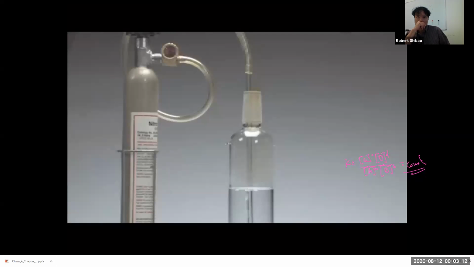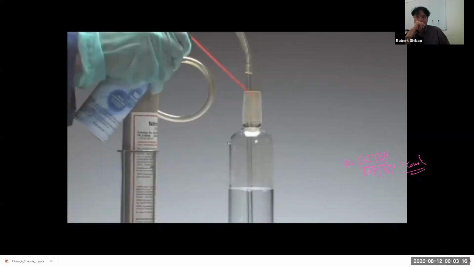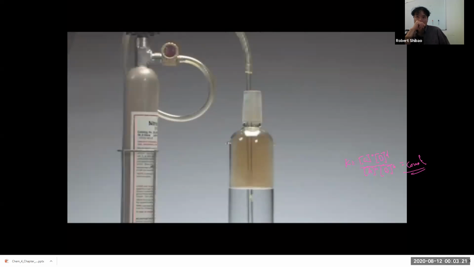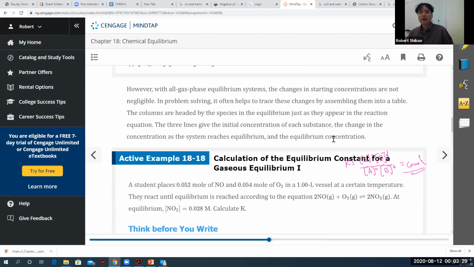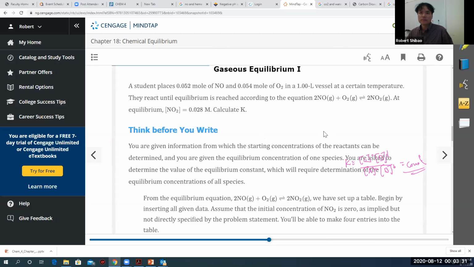After a while, the NO gas forces the brown gas out of the flask. Air is injected into the top of the flask, and the gas turns brown again. So if we want to figure out the stoichiometry of that, we have to do this type of equilibrium stoichiometry.